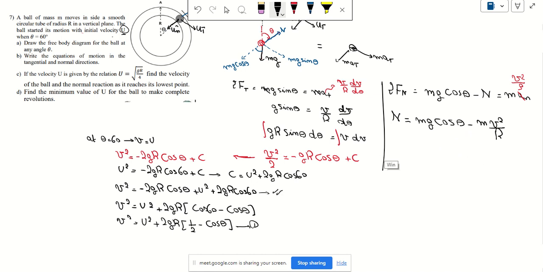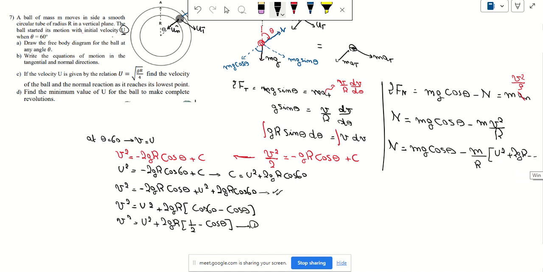And from this equation you'll find that N equals mg cosine theta minus m over r times r, which is u squared plus 2gr.